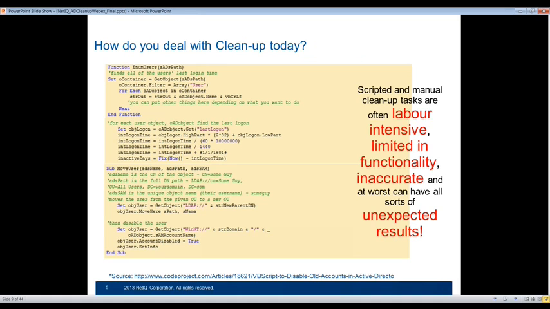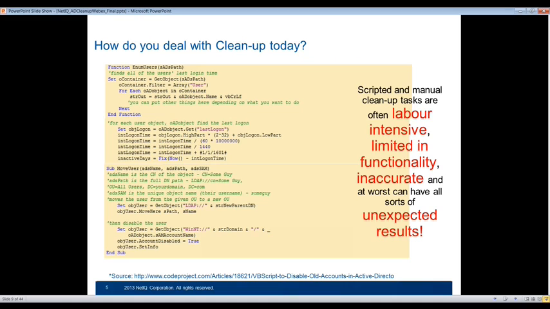So the script that you're running potentially isn't doing as much of the job as you need it to. So that standard solution of scripting produces risks because of a number of challenges there.